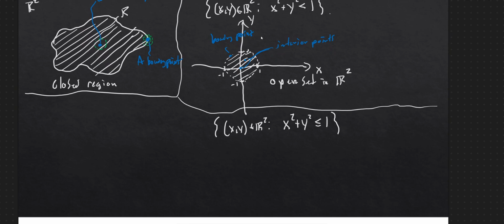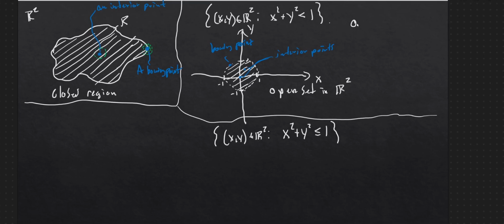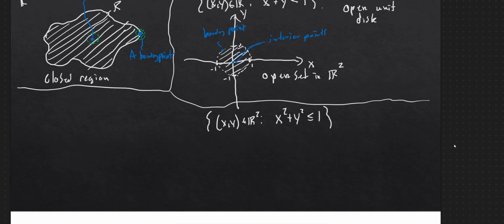The one up here is the open unit disk. Open because it's an open set, unit disk because it's of radius 1. Unit really means 1, a synonym for oneness.